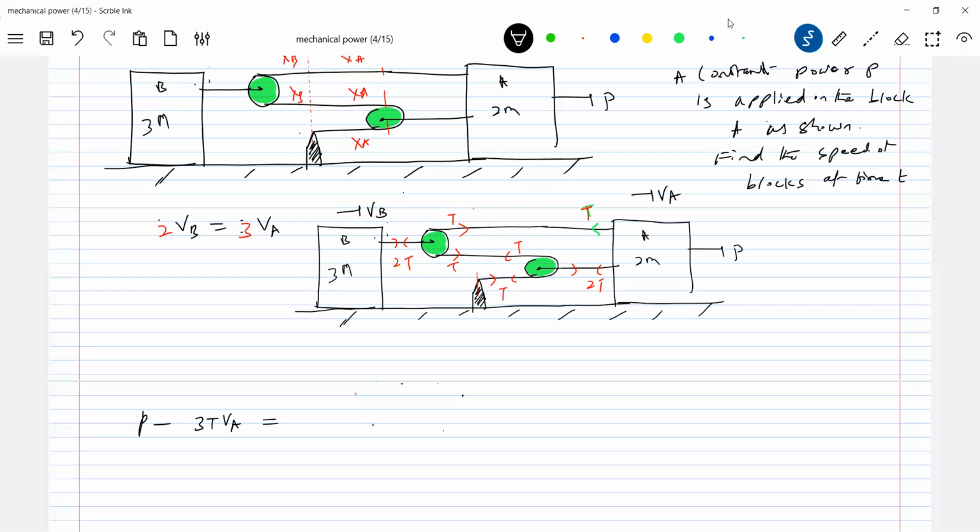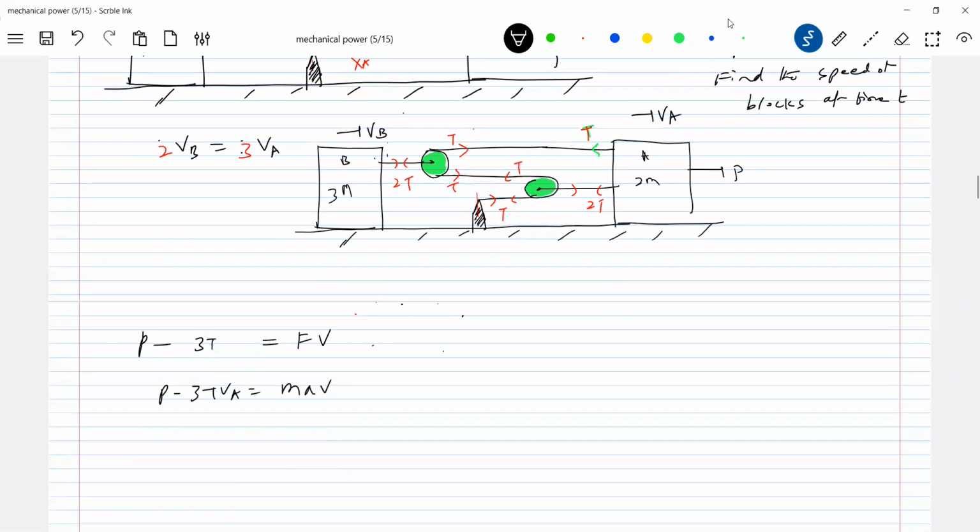Like earlier we wrote, power equal to F into V. So the resultant power, what shall we write? There's a power P, external force, and there's a tension set up by this. So the resultant F into V will be P minus 3T VA. Further F, what you can write, MAV.